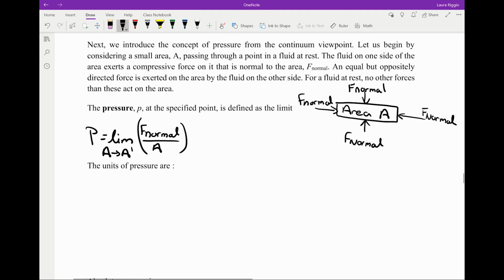So what are the units of pressure? The SI unit of pressure is the Pascal, which is denoted by Pa, and 1 Pascal is equal to 1 Newton per meter squared.